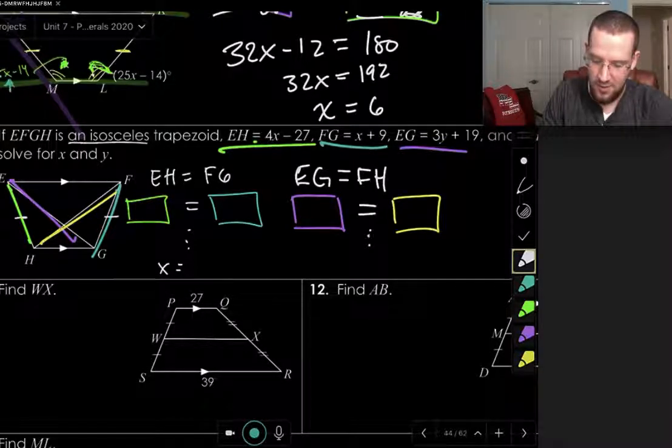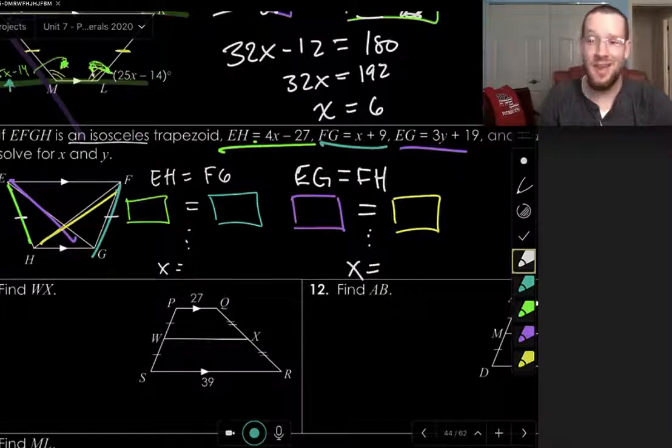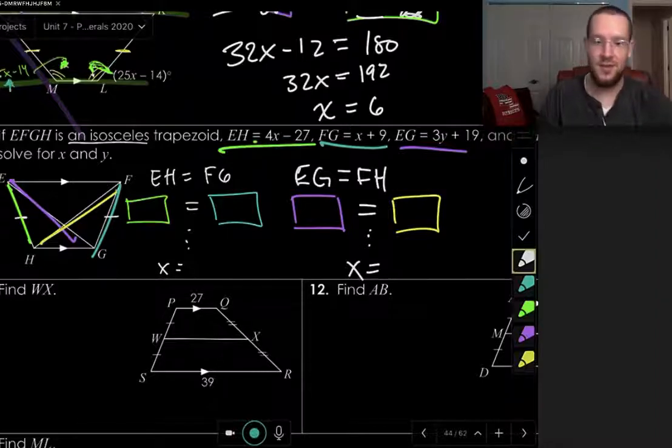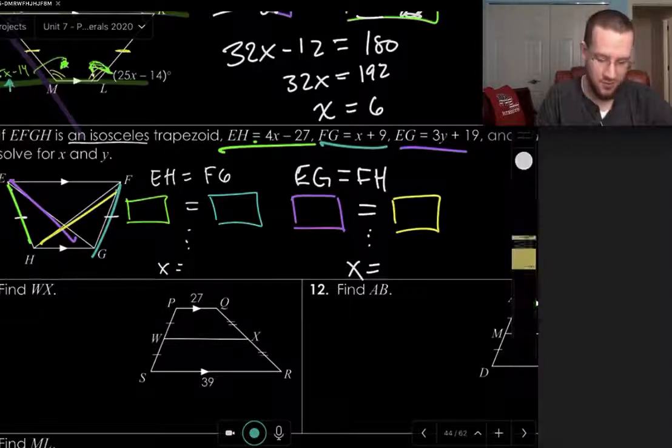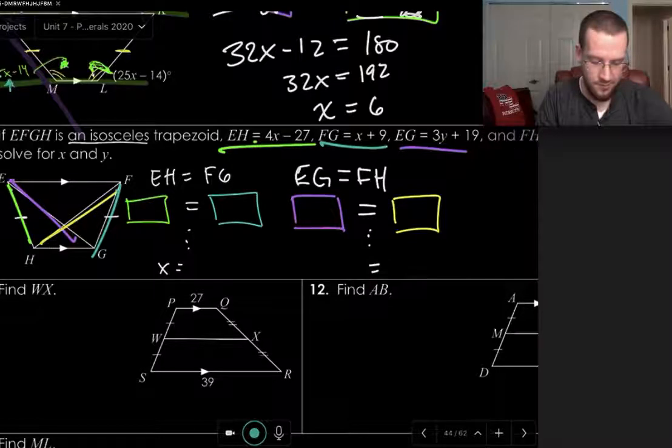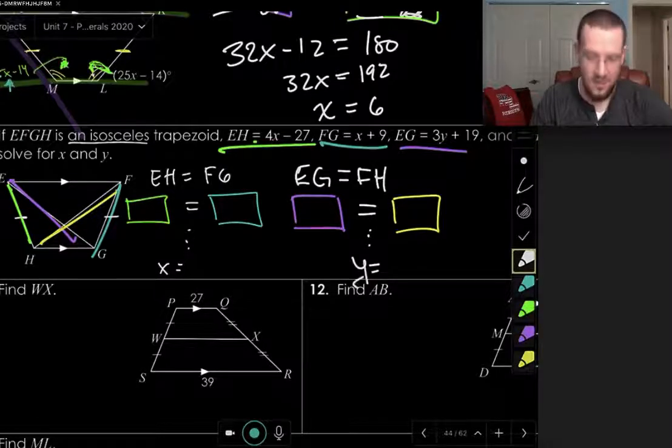At this stage in your lives, we have to be able to pretty reliably solve equations. What are these? Three-step equations. Balance the equation, divide by whatever is on x, and then we can solve. Actually, I believe this one is actually y. This one is y.